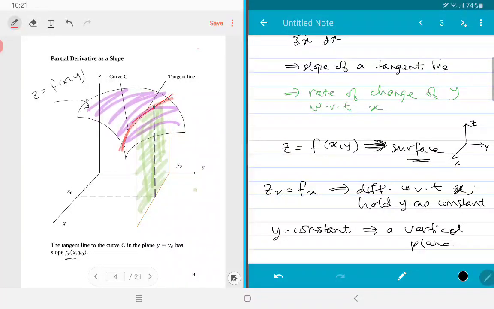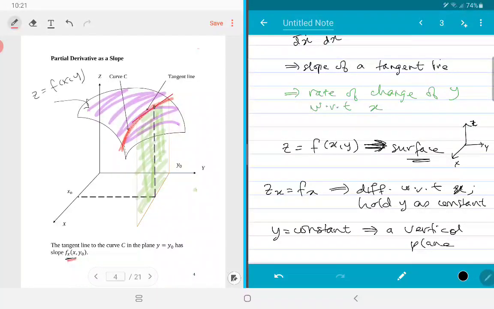It is the intersection between the surface z equals f of x, y and the vertical plane y equals y naught. On this intersection curve we have different points, so partial f partial x will represent the slope of the tangent line. At different points, we have different slopes of the tangent line.